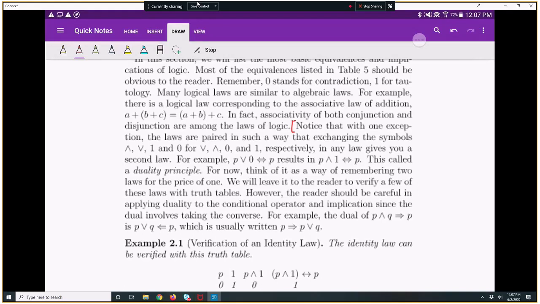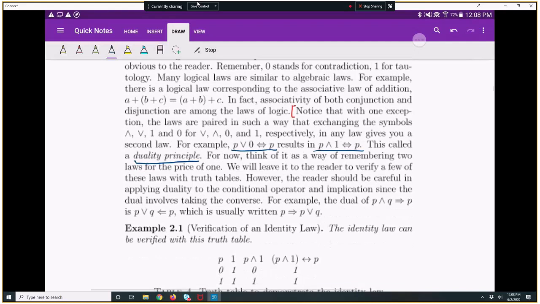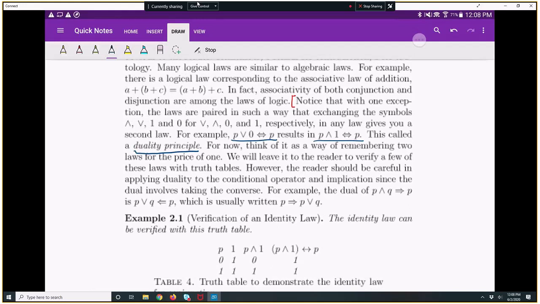So for example, we have P or false if and only if P. And that should result in P and true if and only if P. This is called duality. So I replaced my disjunction by conjunction, my false by true, and the law still holds. So these two laws are dual to each other, and that is what is called duality.